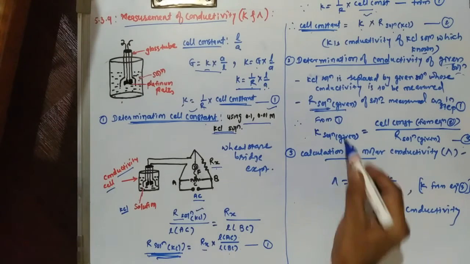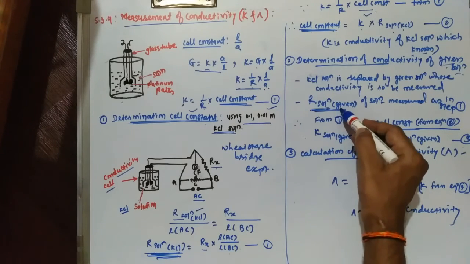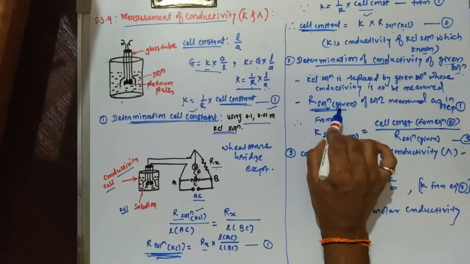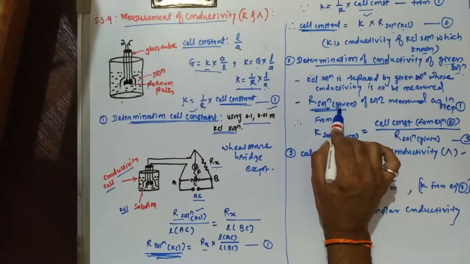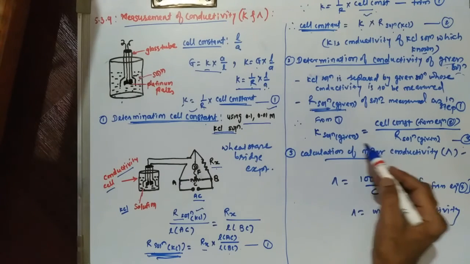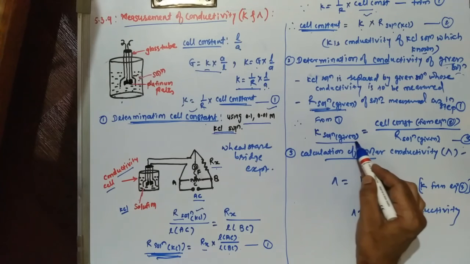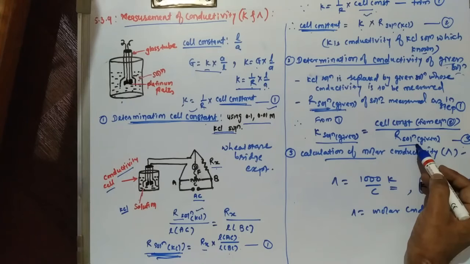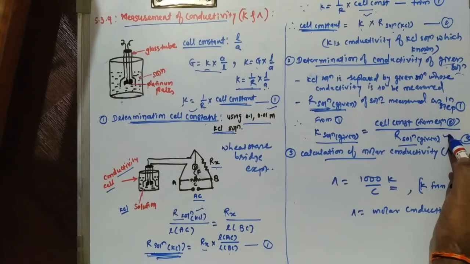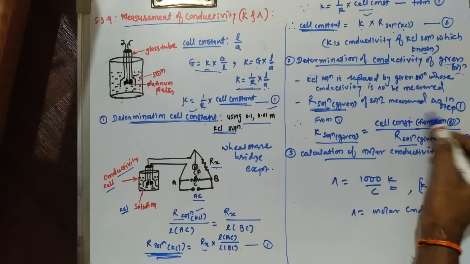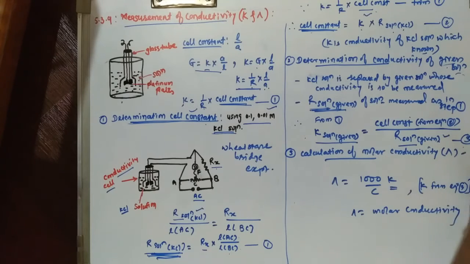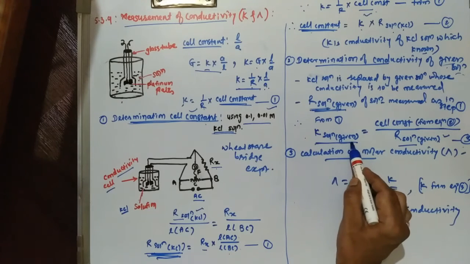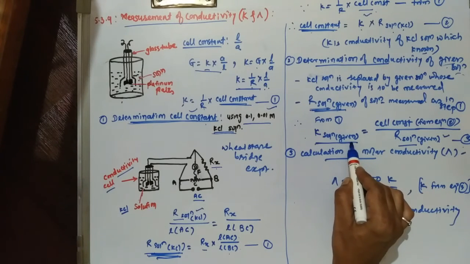Now this R of solution we can use in the formula: conductivity of solution is equal to cell constant upon resistance of solution. The resistance we have found from the Wheatstone's bridge experiment and the cell constant from the first equation, so we can get the conductivity K of the given solution.